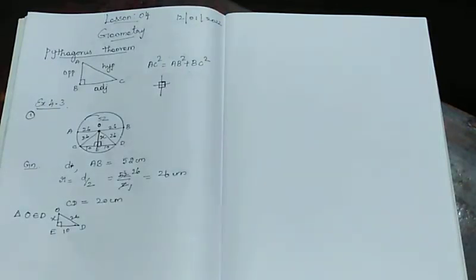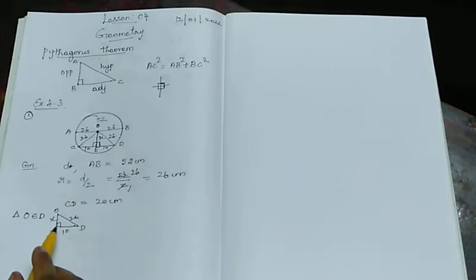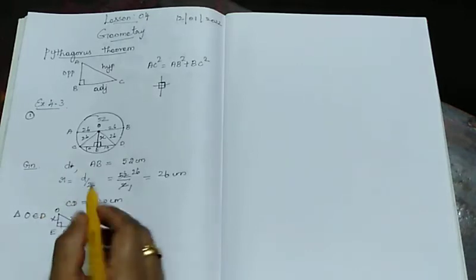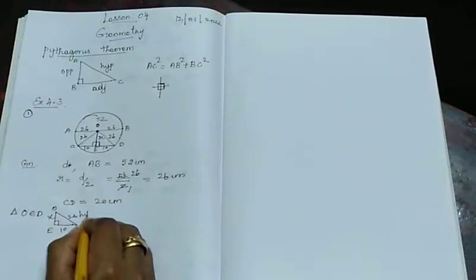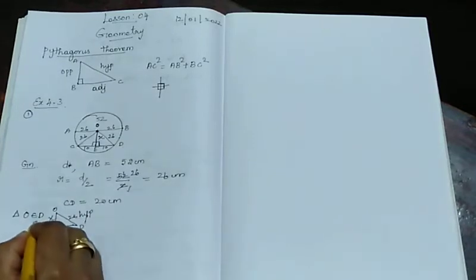We need x. Looking at this picture, what kind of triangle is this? A right angle triangle. So what theorem can we use? Pythagoras. What is the Pythagoras theorem? The square of the hypotenuse. Which is the hypotenuse here? The side which is opposite to the right angle is the hypotenuse.